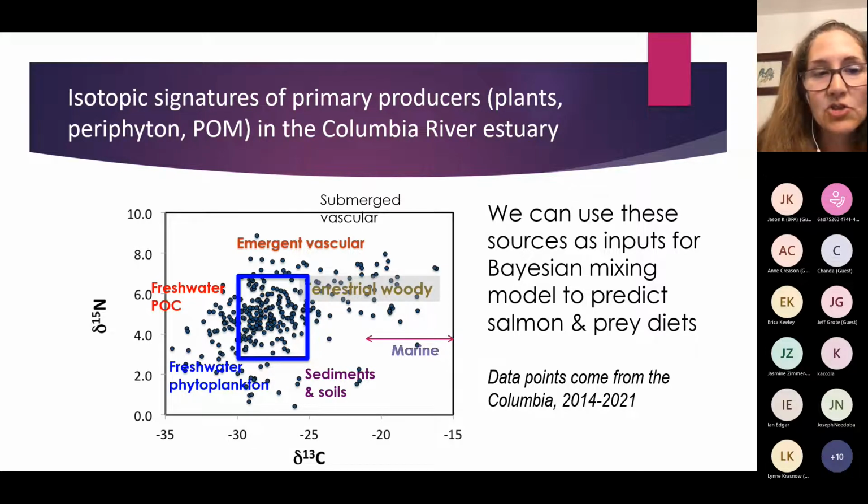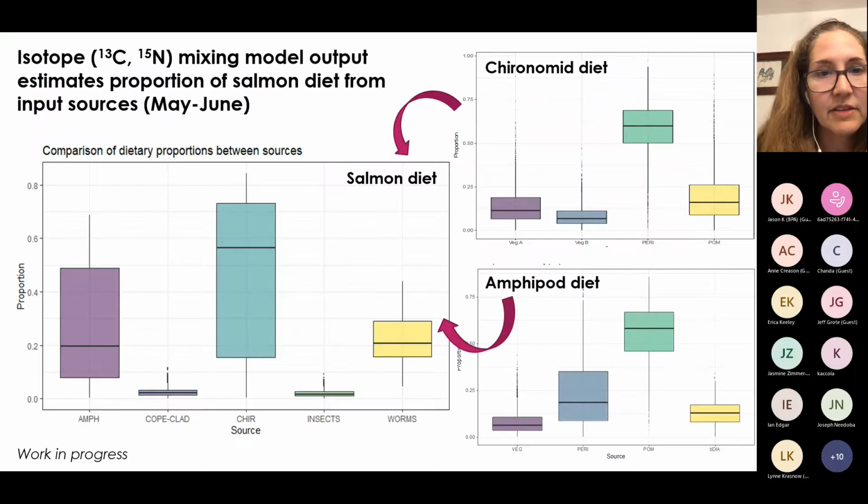So you have characteristic signatures of each different type of group, whether it be vascular plants versus phytoplankton versus sediments and soils, or terrestrial woody debris. So we can use that in a food web model to try to predict the diet content. And I've done a little bit of this.